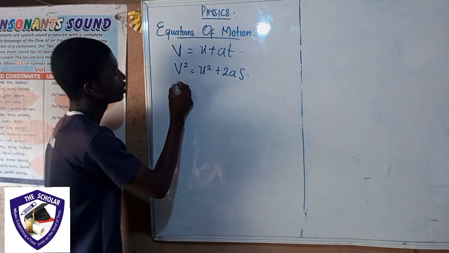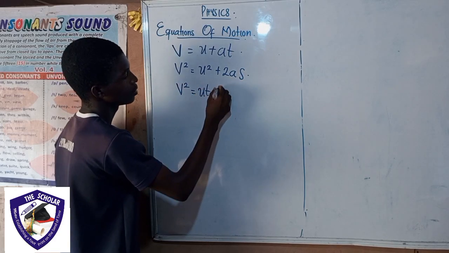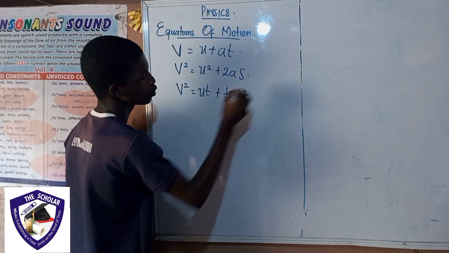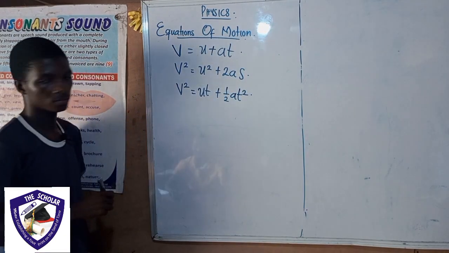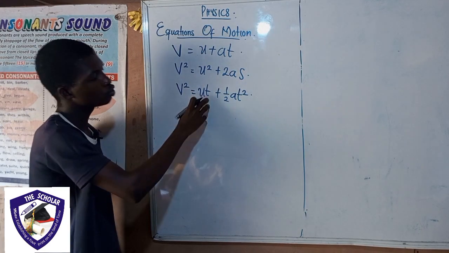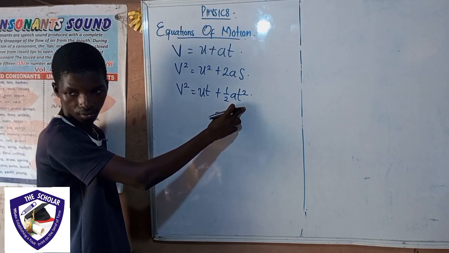Then we have another one, which is S equals UT plus half AT squared.